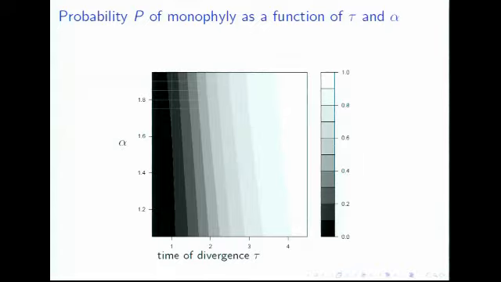So this is the probability of reciprocal monopoly in the case of the beta coalescent, here as a function of the parameter alpha, when all populations have the beta coalescent with exactly the same value of alpha, and also against the time of divergence.